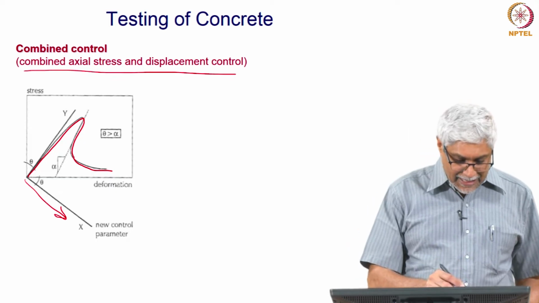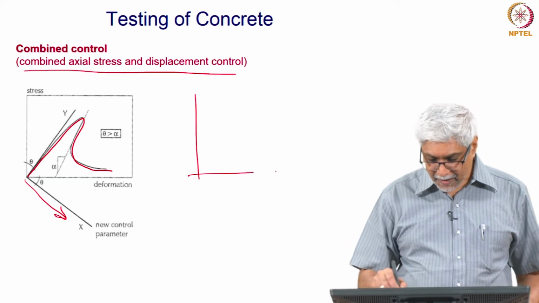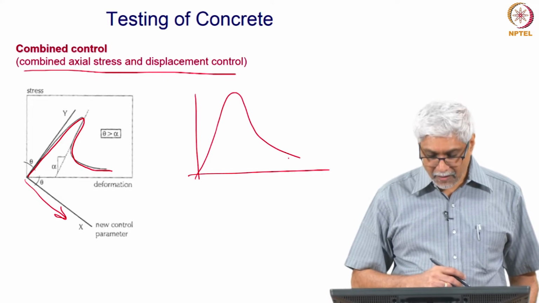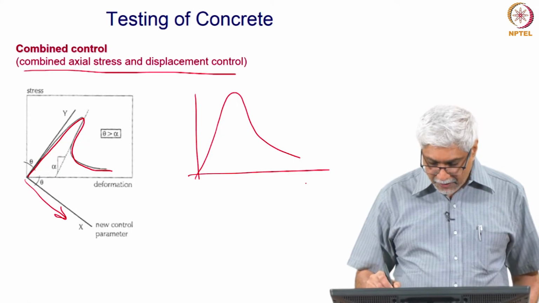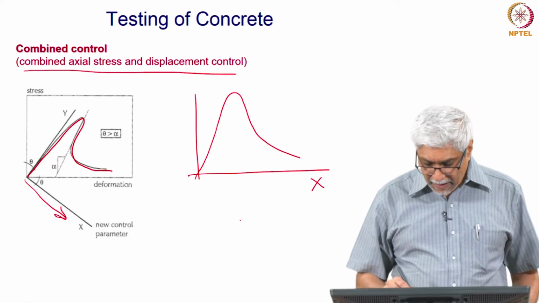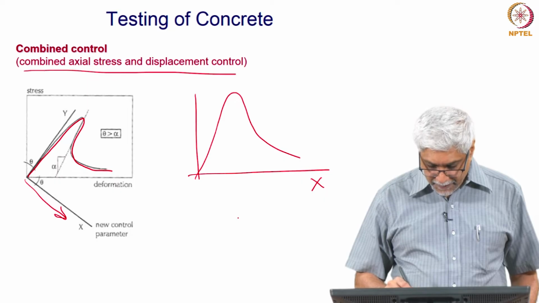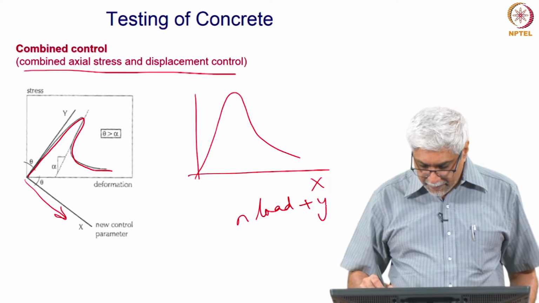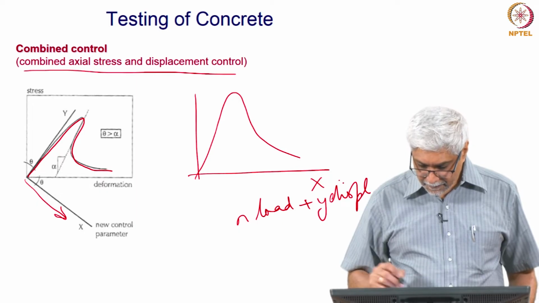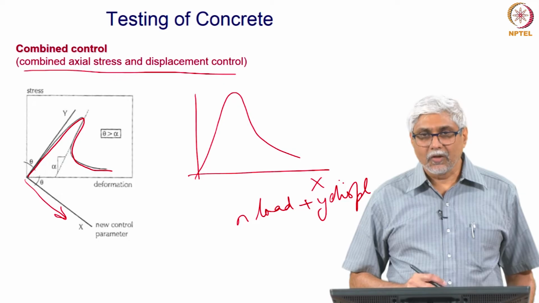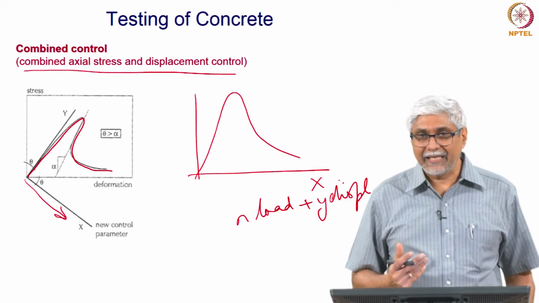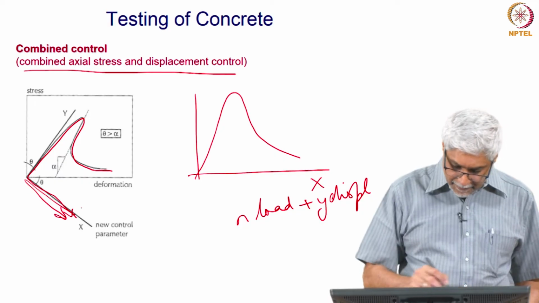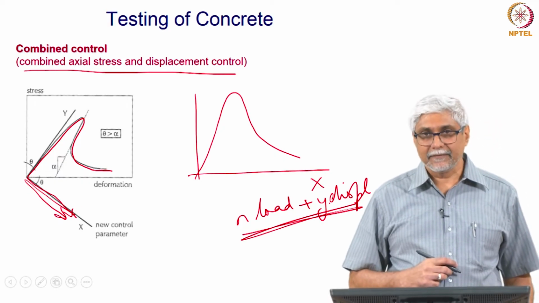So, this is made into a curve like this, or something like this, where this is the new control parameter x, which could be a combination of n times the load plus y times the displacement. So, a new parameter which does not have any physical meaning is invented to run the test such that this parameter is always increasing.